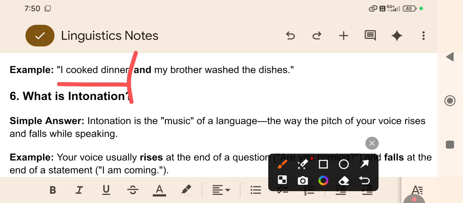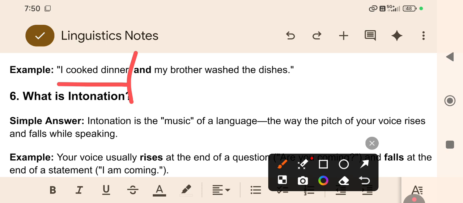conjunctions have four varieties. First is coordinating conjunction, second one is subordinating conjunction. As the name suggests, that one is subordinate, so another one definitely will be the main clause, right?